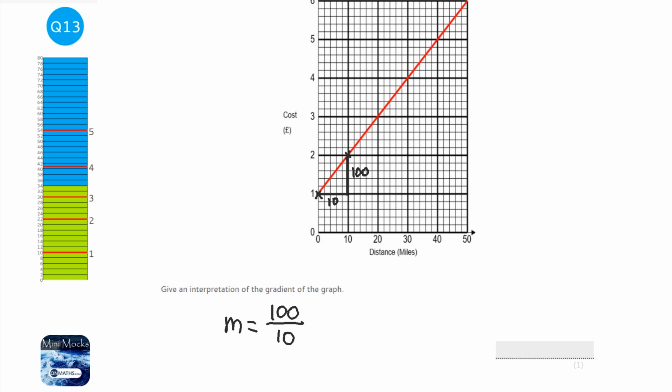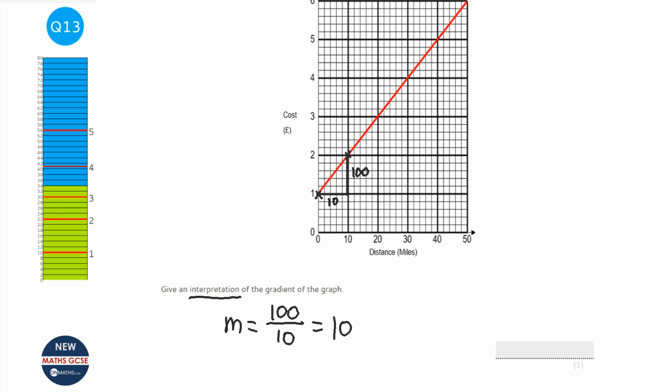Now, some students have that the wrong way around because coordinates work the other way around. You go along the corridor and up the stairs. With gradients, it's how far you go up or down over how much you've gone right. So that's going to be 10. Now, it says give an interpretation, so we haven't finished answering the question. What does that mean?